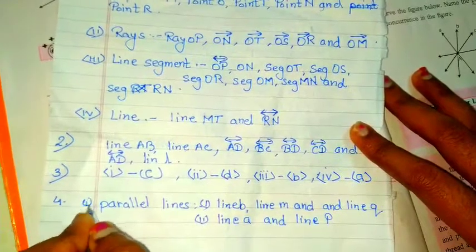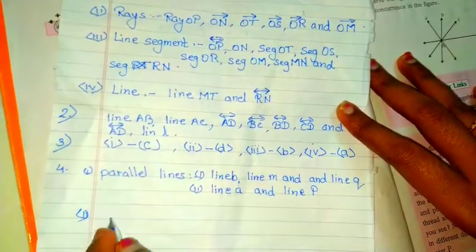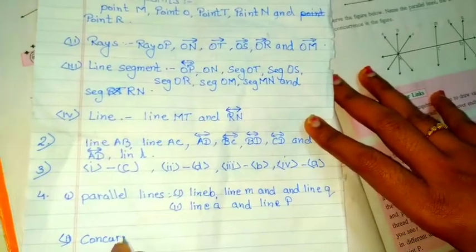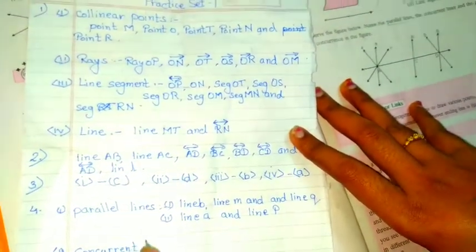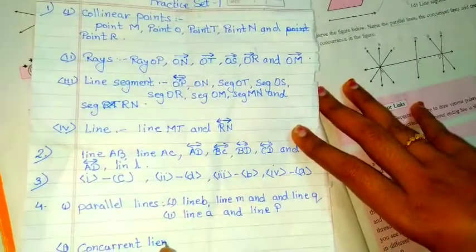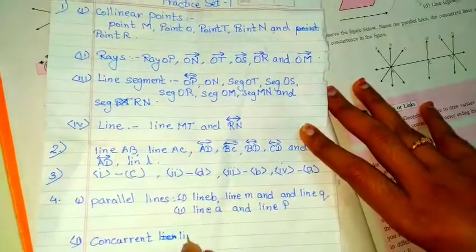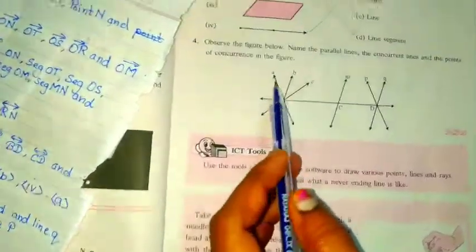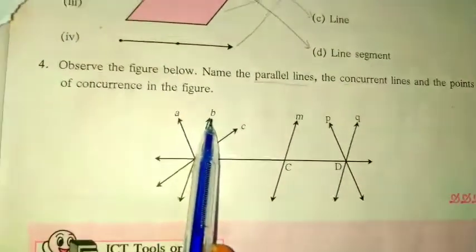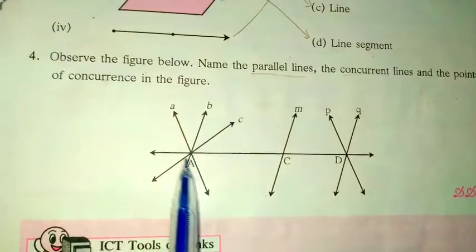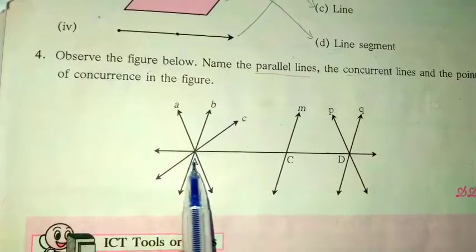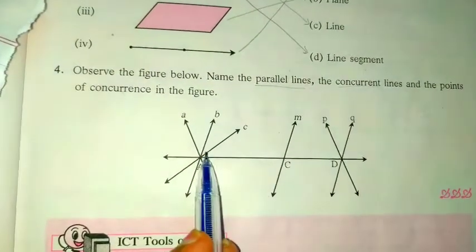Second is concurrent lines. Concurrent lines means, see the figure here, line A, line B and line C intersect at point A. It means these are concurrent lines.